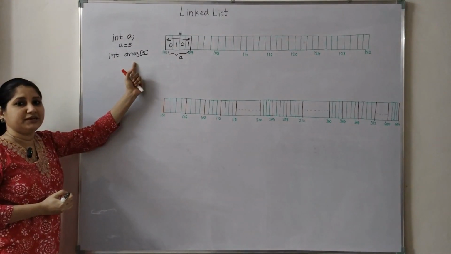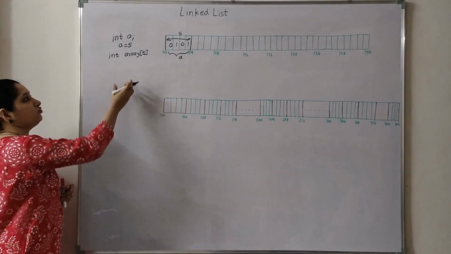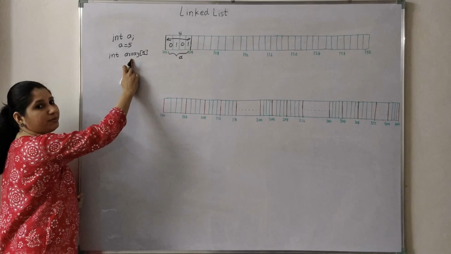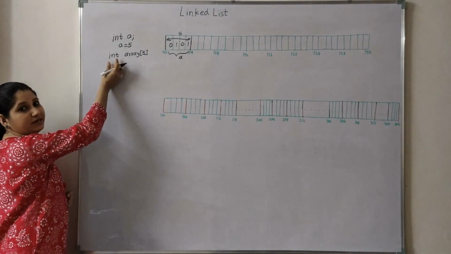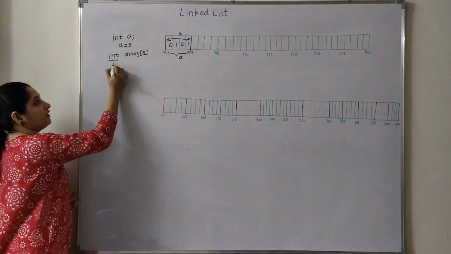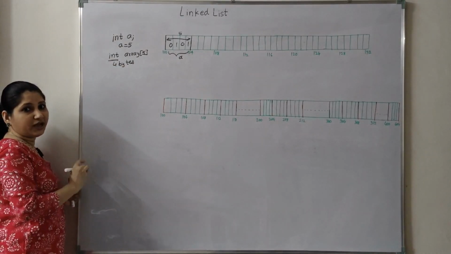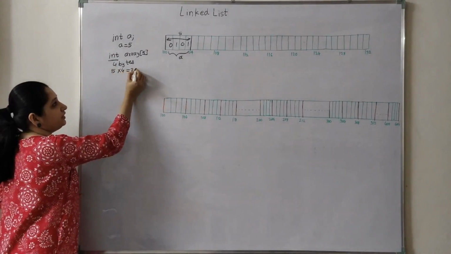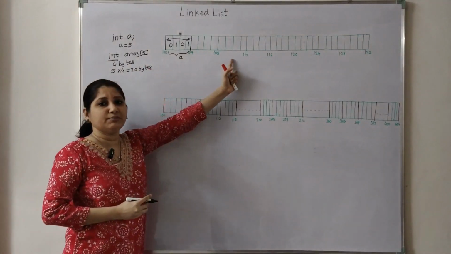We declare the array with 5 elements, all of the same data type, integer, and each integer requires 4 bytes. So 5 into 4, that is 20 bytes, will be allocated in consecutive memory locations.